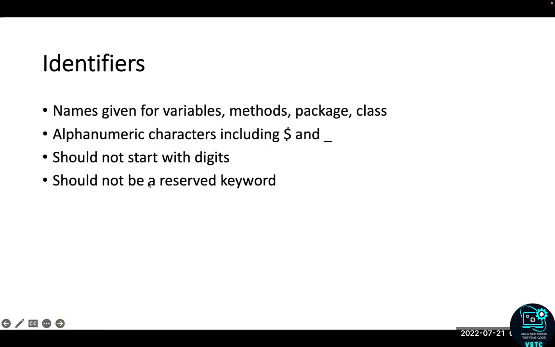So these are certain rules that we need to follow when we are naming a variable, a method, a package or a class. These rules we call identifiers. What is an identifier? The names given for variable, method, package or class, and the particular rules we need to follow when giving the names.